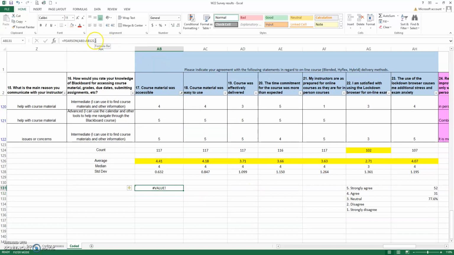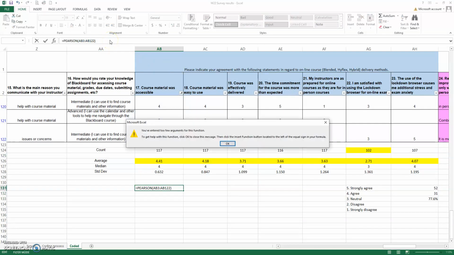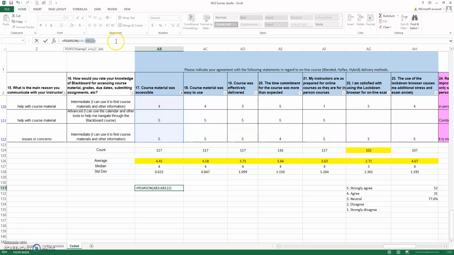Oh, an extra comma. Don't do that. Took everything out. So that's AC3 colon AC122. There you go. Look at that correlation right there.